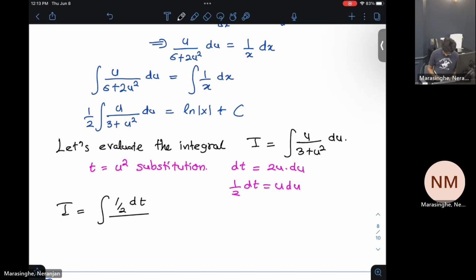So 3 plus t. 1 over 2 integral of 1 over 3 plus t. Right. So what is this integral? Natural logarithm of t plus 3.